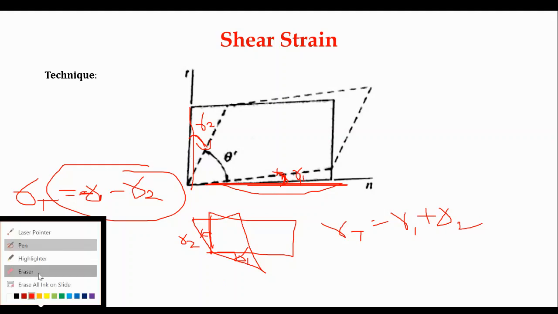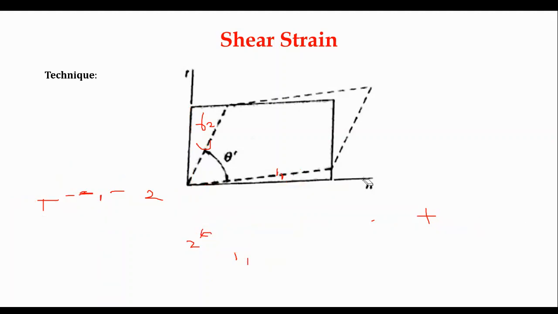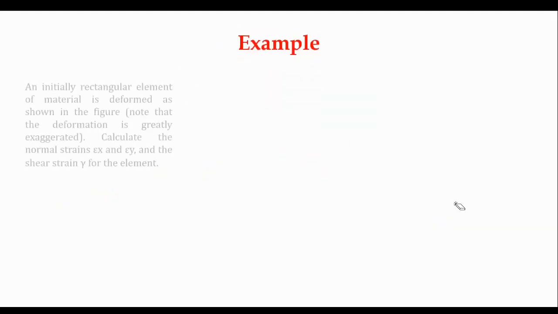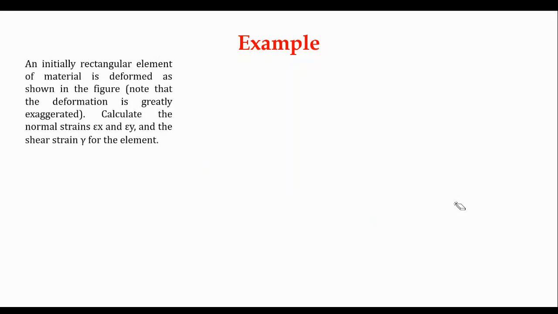Alright, so let's have an example. An initially rectangular element of material is deformed as shown in the figure. Note that the deformation is greatly exaggerated.